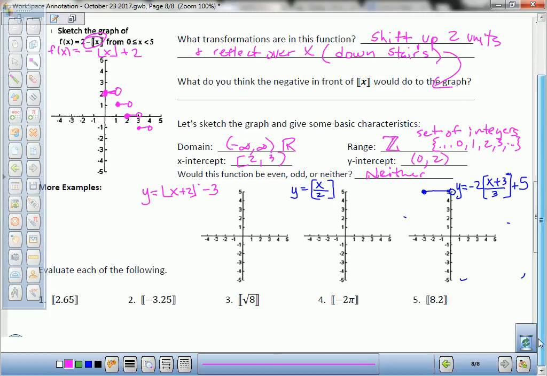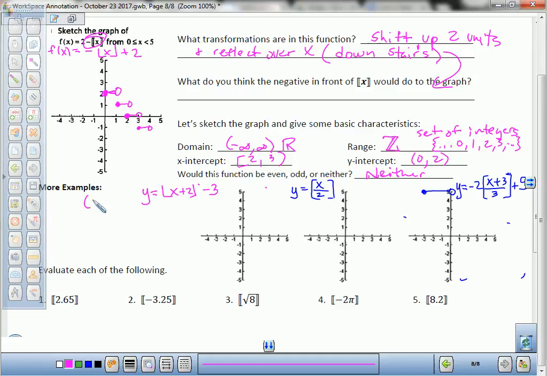Alright, so now we have 3 more little interesting examples here. On the first one, can you tell me where this function starts? Where does the closed circle of the little barbell for the step go? 0, -3. Okay, so down 3, and then this goes left 2.